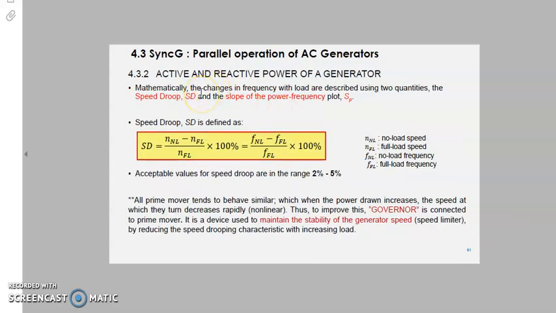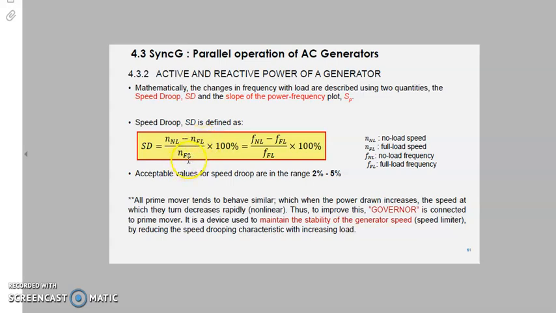So, the active and reactive power of a generator. In terms of the mathematical equation, the speed drop is considered as your no load speed minus your full load speed, divided by your full load speed. No load speed, for sure, is a higher speed, minus the reduced speed at your full load.